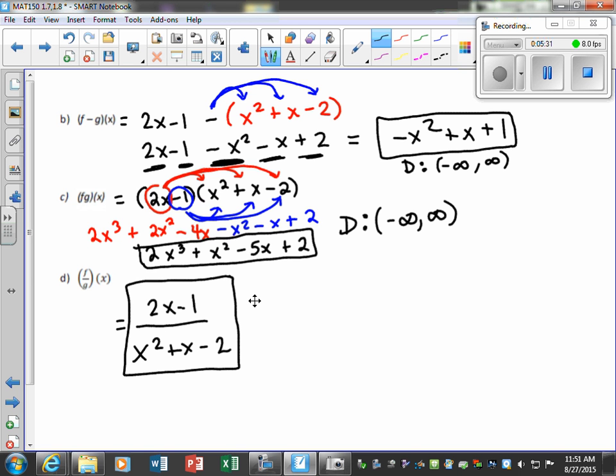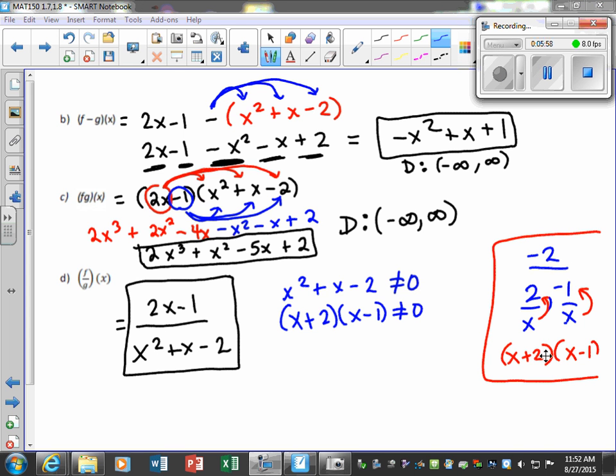It's not just all real numbers as before because we have a denominator. So we need to set our denominator not equal to 0. So now, just for determining our domain, x squared plus x minus 2 cannot equal 0. So go off to the side, factor that out, and then let's figure out what our domain is.